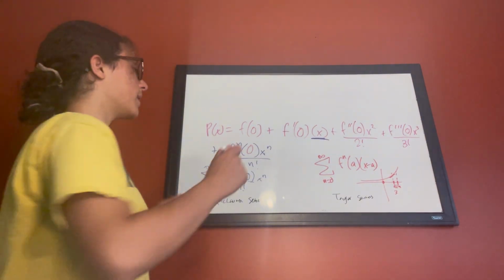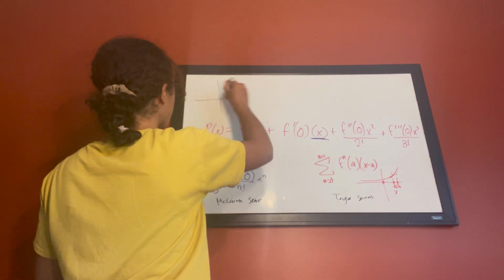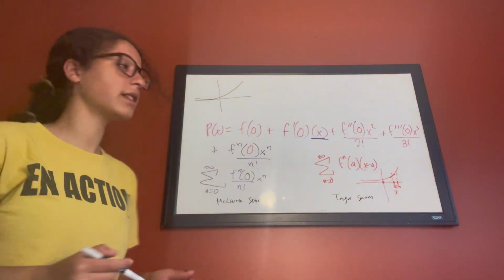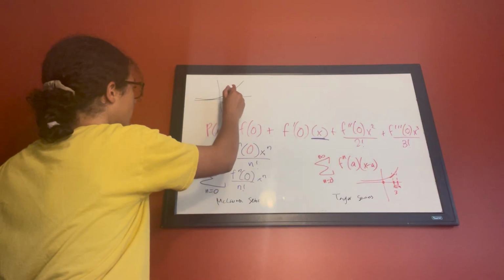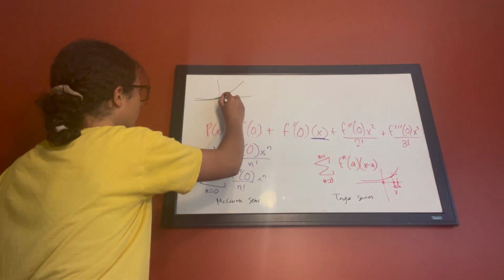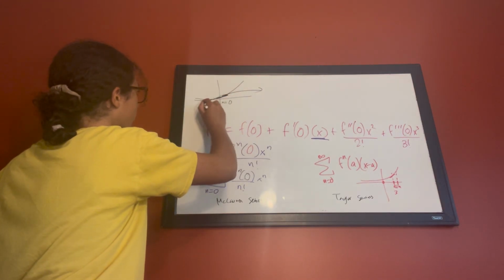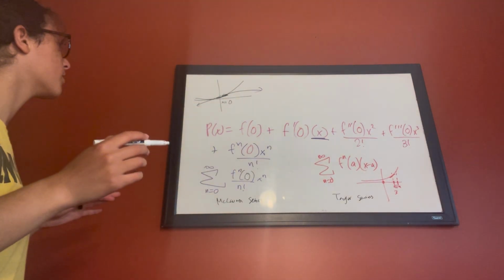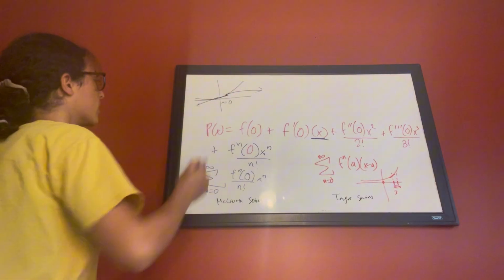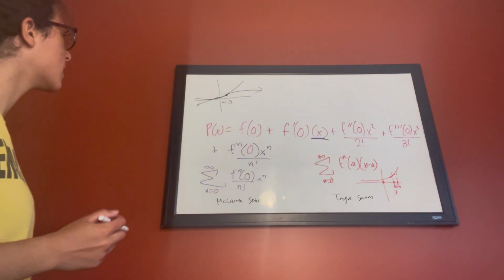I'm basically looking at e to the x, and I'm saying I want a polynomial series that will match at x equals 0. I want something like that, and then eventually it will go a bit awry. This doesn't look like a good approximation, but this is how the function will act.